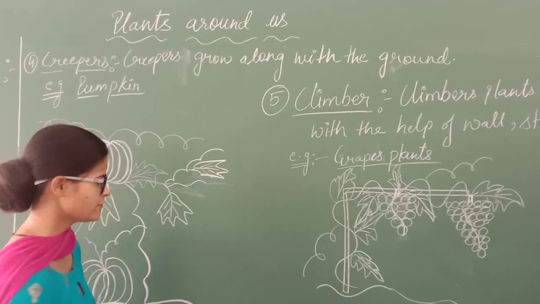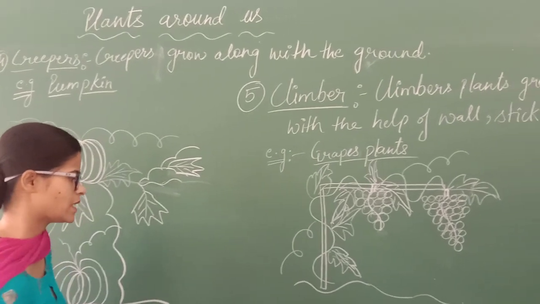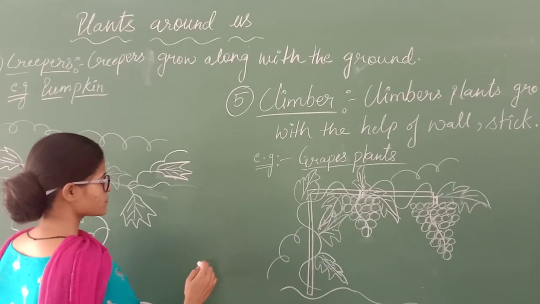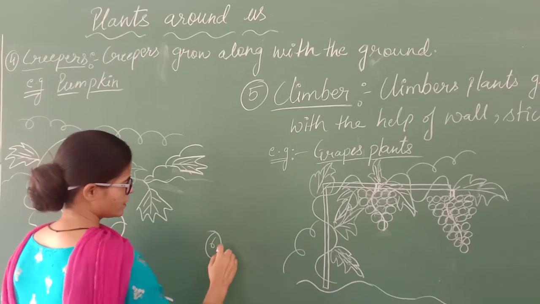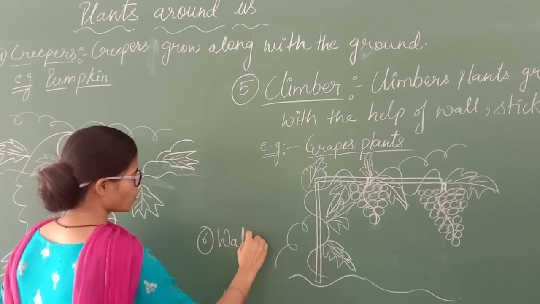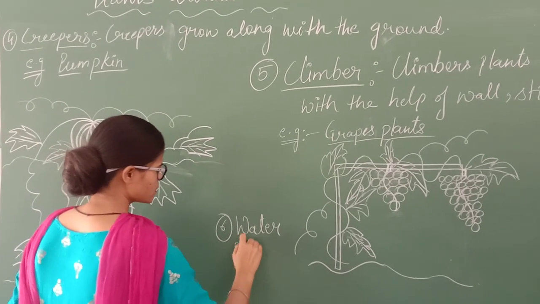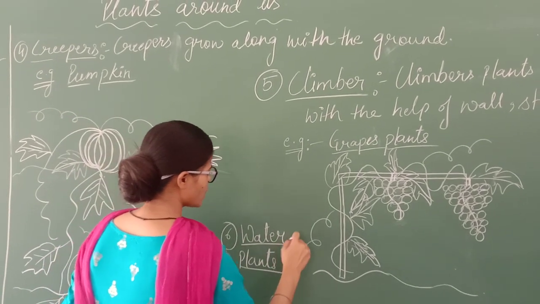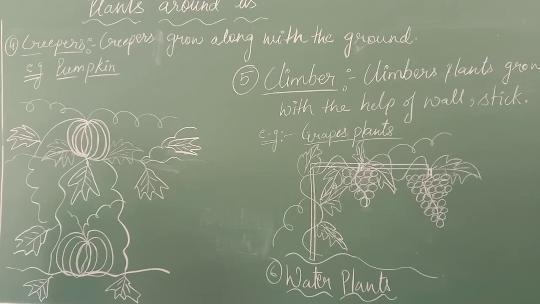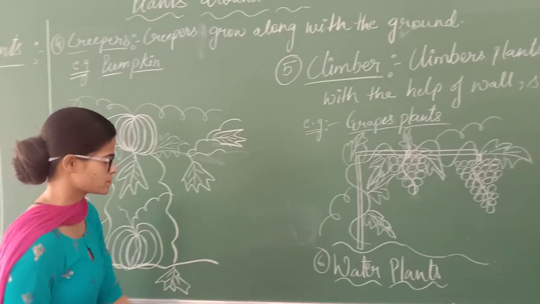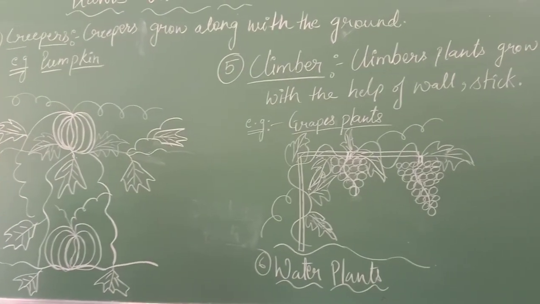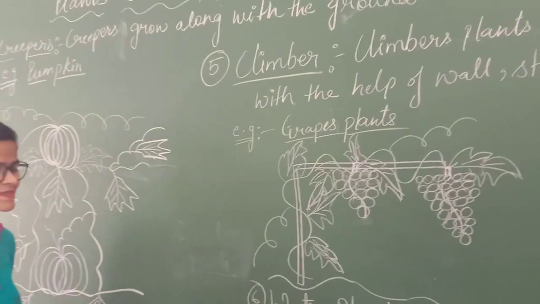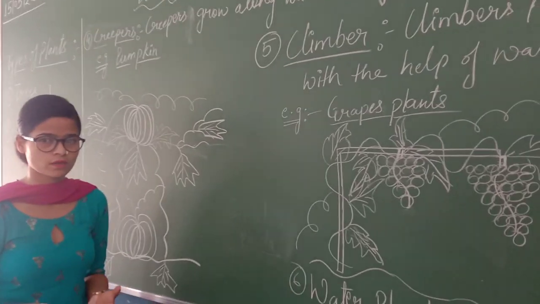Now what is left? Only one plant is left. That is, we can say, water plant. Okay. Now what are water plants? So water plants. Okay. So as the name itself suggesting water.